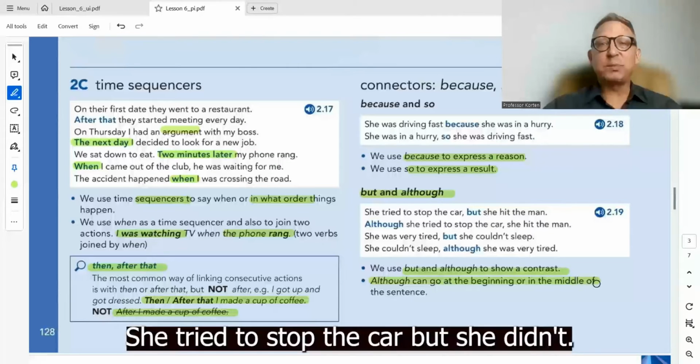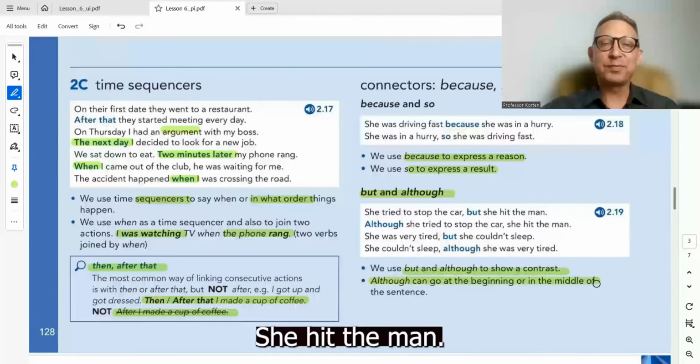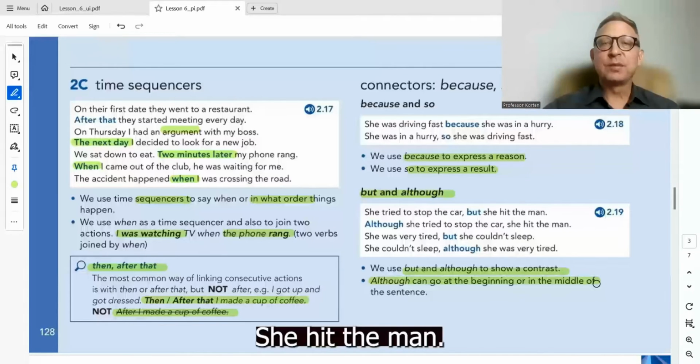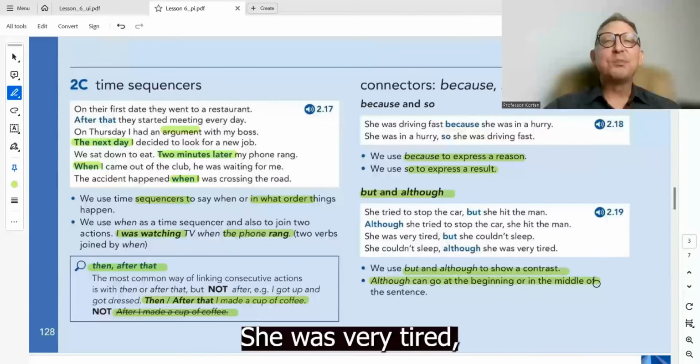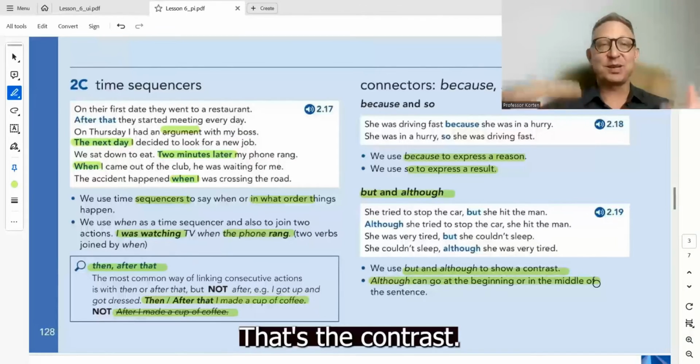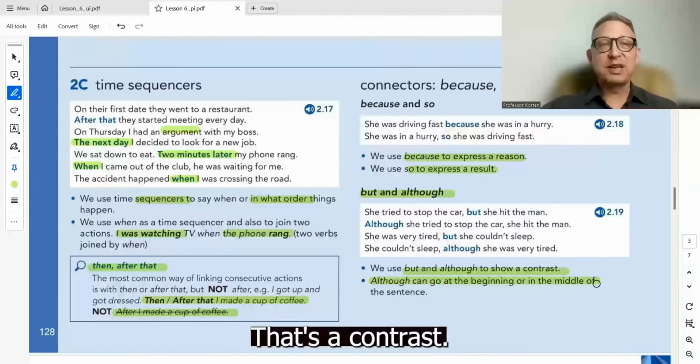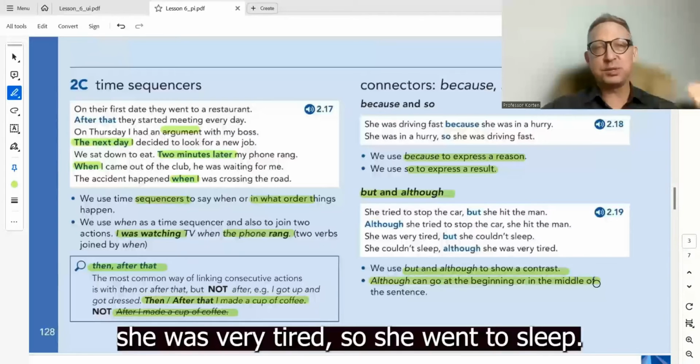She tried to stop the car, but she didn't. She hit the man. Although she tried, she didn't succeed. She was very tired, but she couldn't sleep. That's the contrast. Tired, couldn't sleep. Normally we would say she was very tired, so she went to sleep.